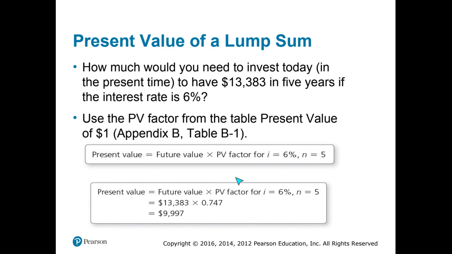So this is saying 5 years at 6%. If you look down 5 for periods and then go over to 6%, that should take you to 0.747 in the table in your book. And that's the factor that you would use to solve this problem.